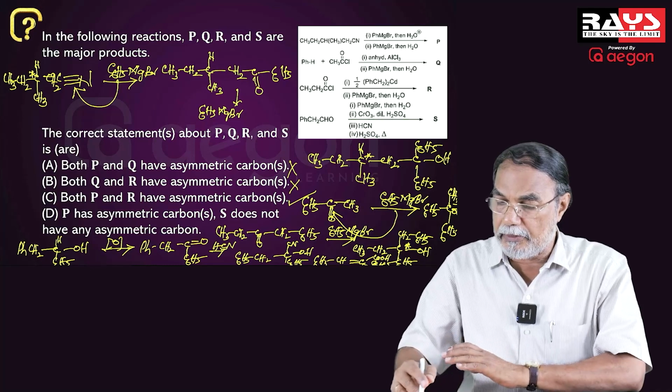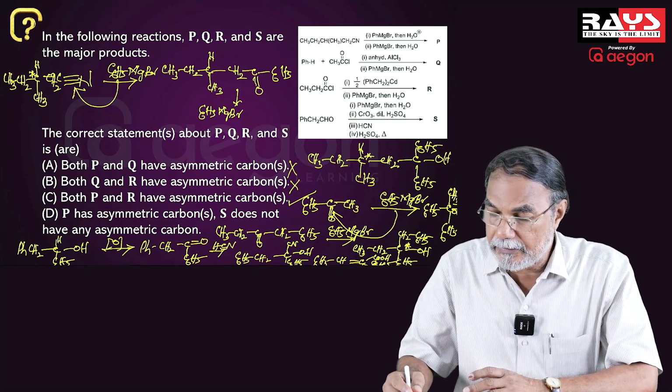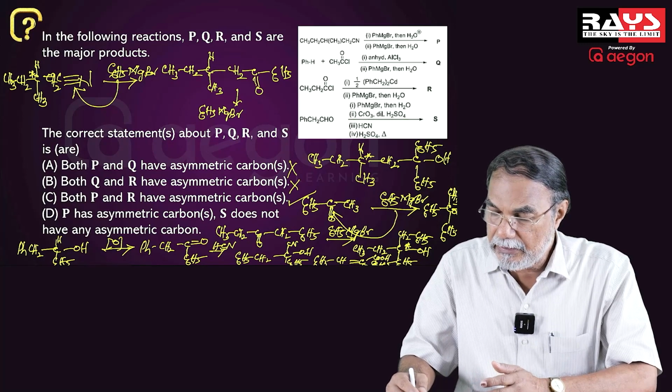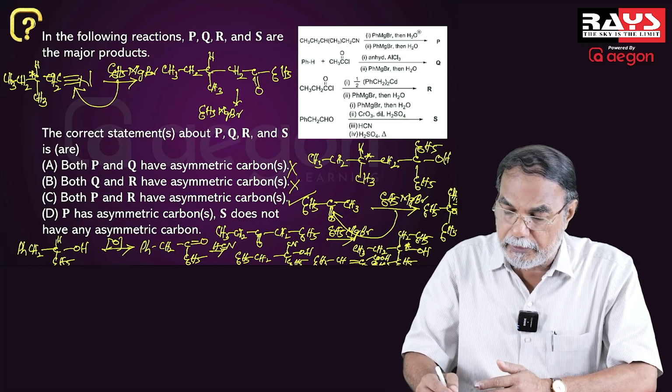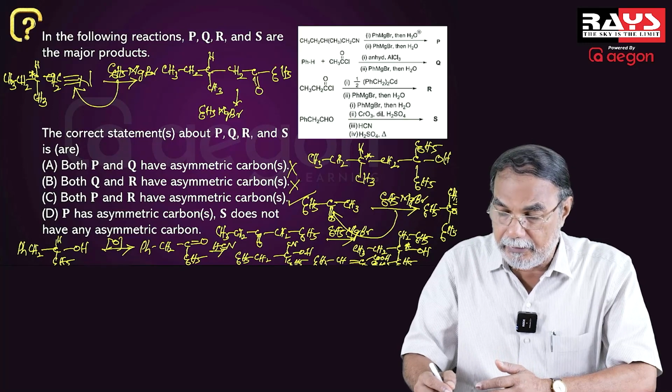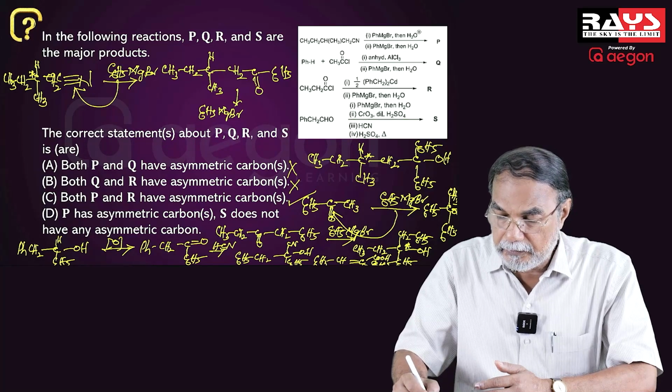That means you are getting an unsaturated acid as a product, and it doesn't contain any asymmetric carbon atom. So the product S doesn't contain any asymmetric carbon atom. So P has asymmetric carbon atom, that is correct, and S does not have any asymmetric carbon atom, that is also correct, and therefore the statement D is correct.